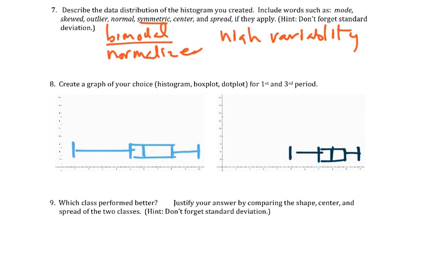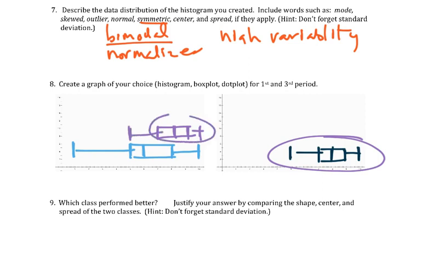Okay, so which class performed better? I think it's pretty easy to see the majority of the data here is within that 7, 8, and 9. If we were to graph it on the same place, it would look like this. The majority of the data is up here, so it's definitely third period that did better.